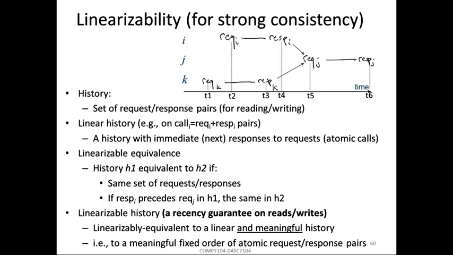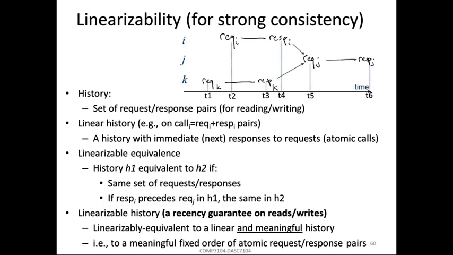But they are both before J. And finally, putting together these two notions, linear history and linearizable equivalence, we will say that we have a linearizable history, which again has to be interpreted as a recency guarantee on reads and writes, when we have a history that is linearizably equivalent to a linear and meaningful history.